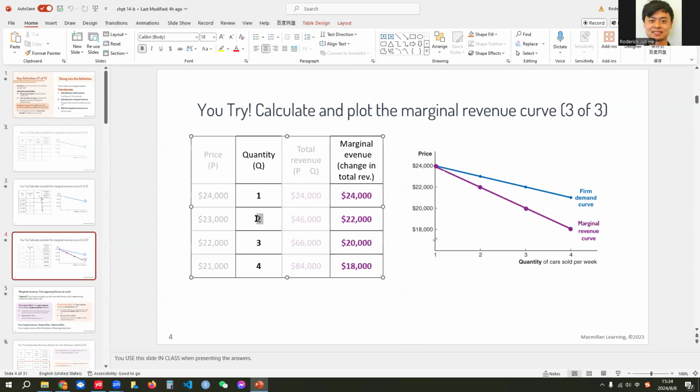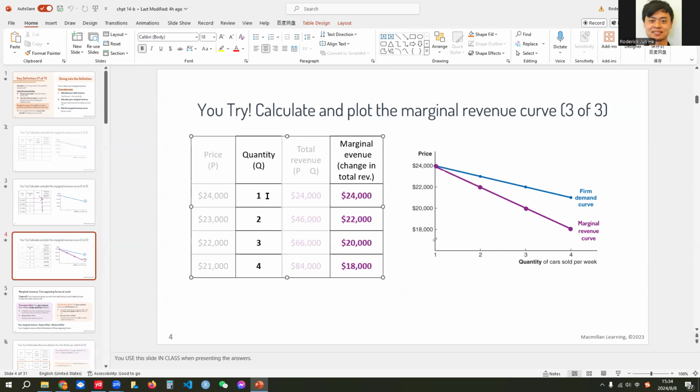So for the second product itself, its revenue is 46 minus 24, because before producing this second unit, our revenue was 24 already, and after selling this second unit, it increases to 46. So the difference is the marginal revenue of the second one.